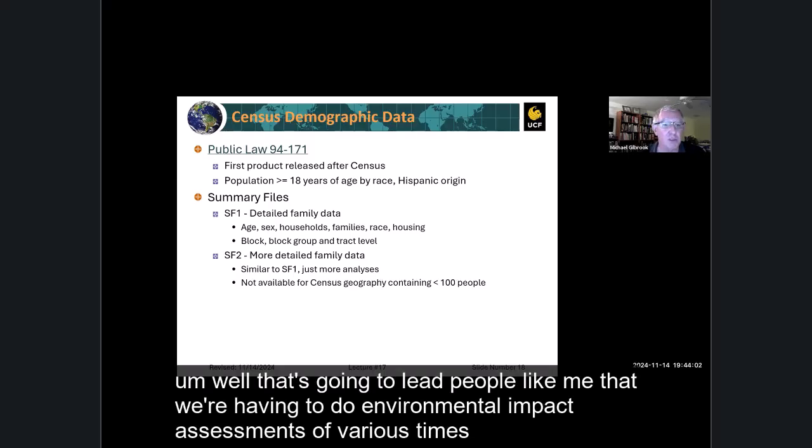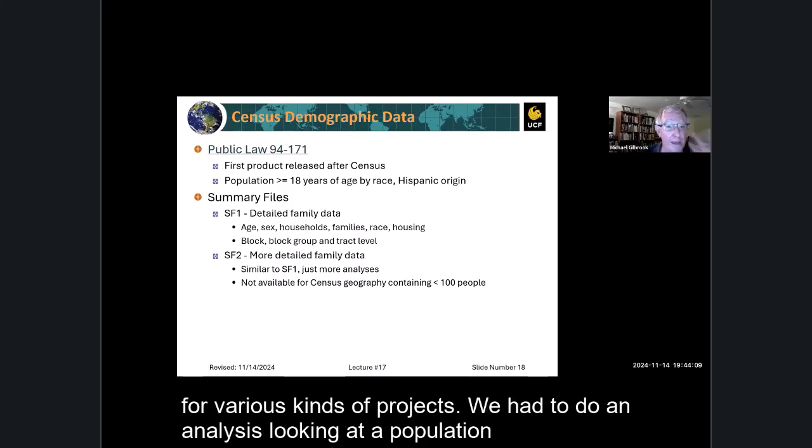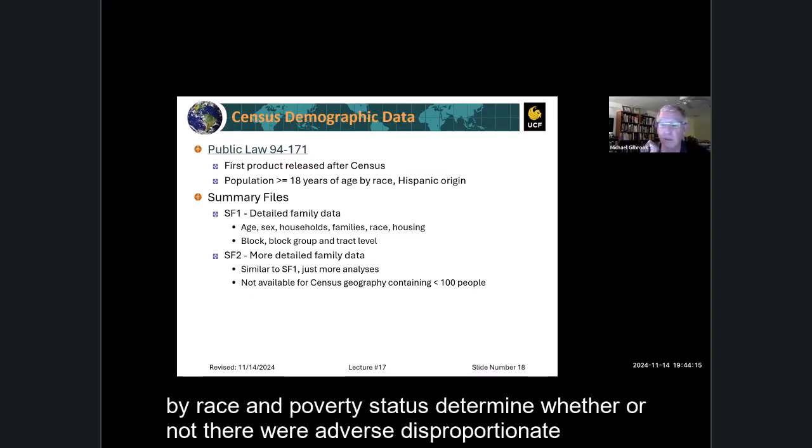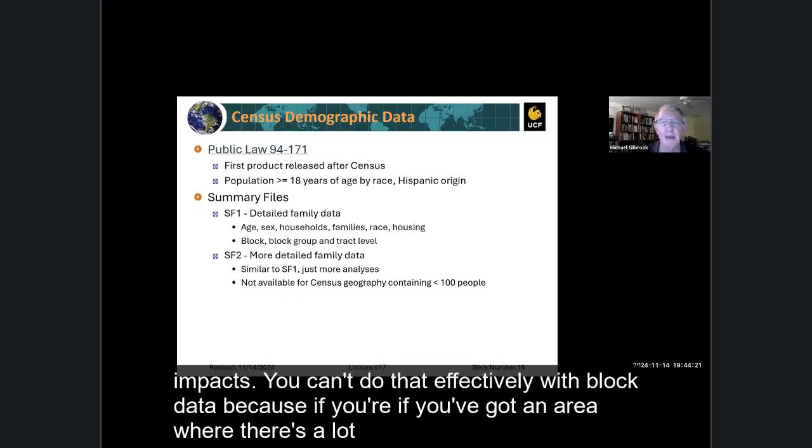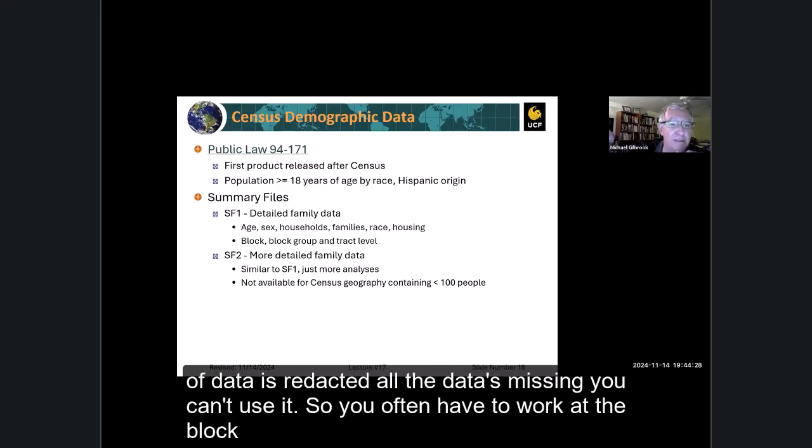Well, consequently, people like me that were having to do environmental impact assessments of various kinds for various kinds of projects, we had to do an analysis looking at population by race and poverty status to determine whether or not there were adverse disproportionate impacts. You can't do that effectively with block data because if you've got an area where a lot of data is redacted, all the data is missing, you can't use it.